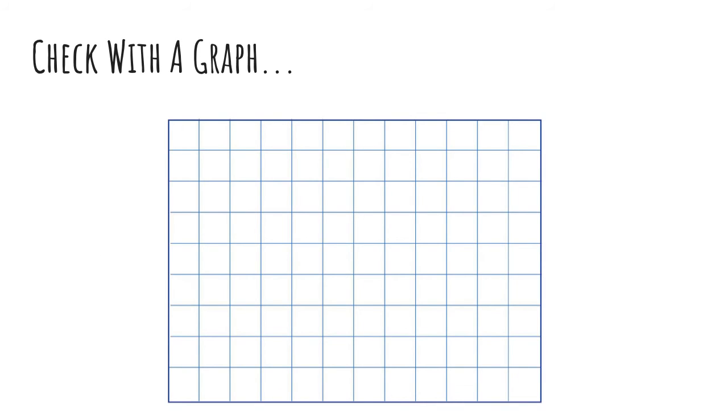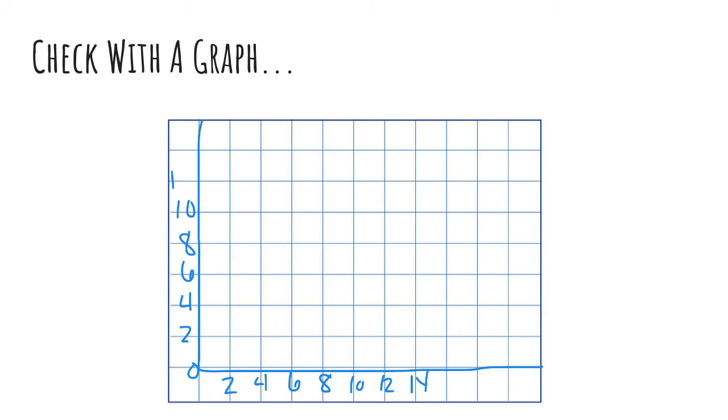So here's my graph paper. I'm going to make it like this. I'm going to count by 2s again, 2, 4, 6, 8, 10, 12, 14. My first data point was at 0, 0, so that's right there. I'm going to make a dot. Second data point is at 1, 4, over 1, up 4.